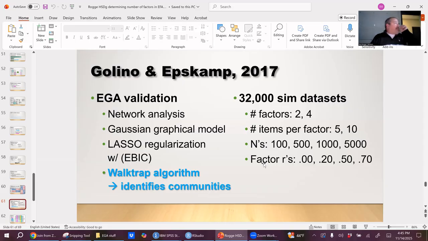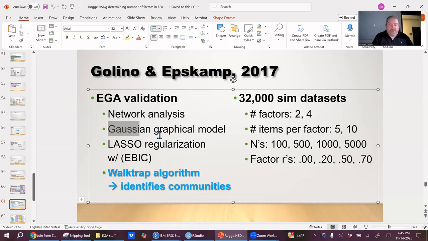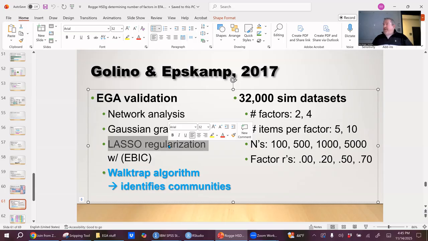So Golino and Epskamp in 2017 published a paper validating exploratory graph analysis. It's a network analysis approach. All psychological network models use Gaussian graphical models. If they're in smaller samples, almost all of them use lasso regularization. We're actually doing okay on time.